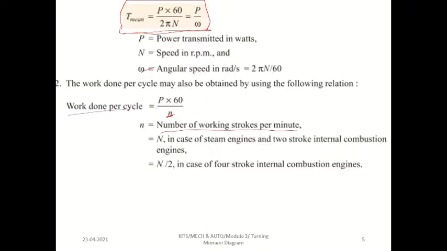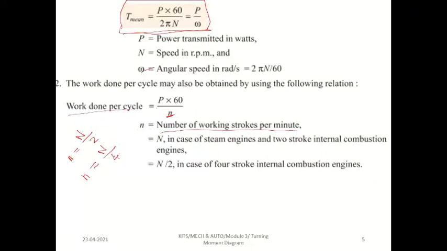For example, if you have a two-stroke engine, small n will be equal to capital N, the speed, divided by 2, because in every two strokes one stroke will be a power stroke. That's what they are asking. Suppose you have a four-stroke engine, then speed divided by 4, because one in four strokes will be the power stroke. That's what they are asking here.